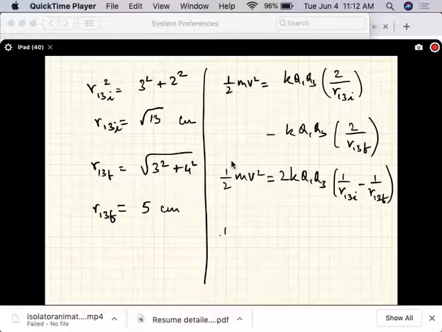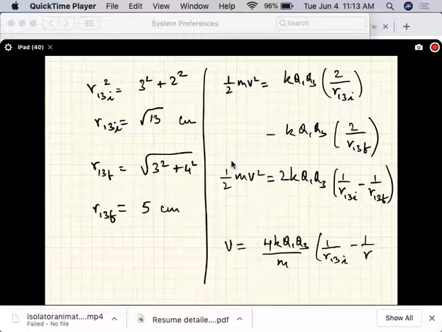All right, 1/2 mv square equal to 2K. Well, V is what we want to find. So V is 4K Q1 Q3 divided by M, times 1 over R13 initial minus 1 over R13 final, the whole thing to the power half.